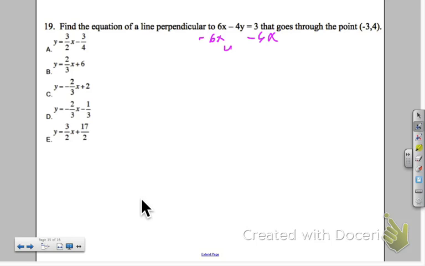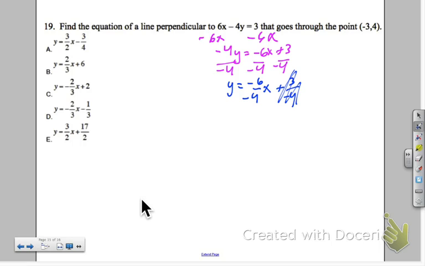And that gives me negative 4y equals negative 6x plus 3, divided by negative 4. And I get y equals negative 6 over negative 4 x plus 3 over negative 4. I don't care anything about that constant because that's not my line, it's just the line they gave me.